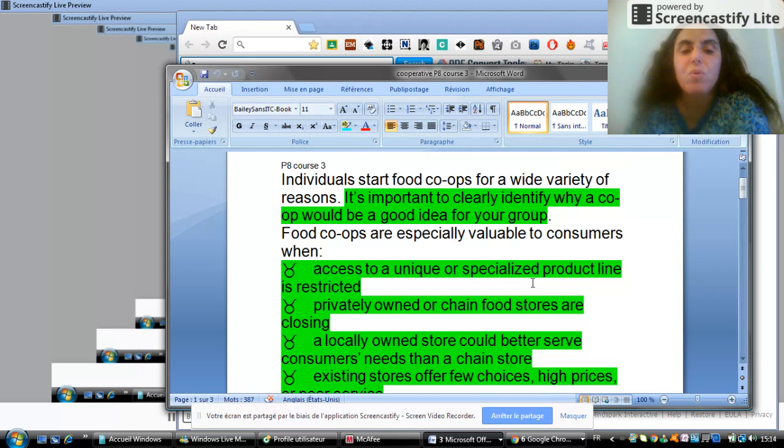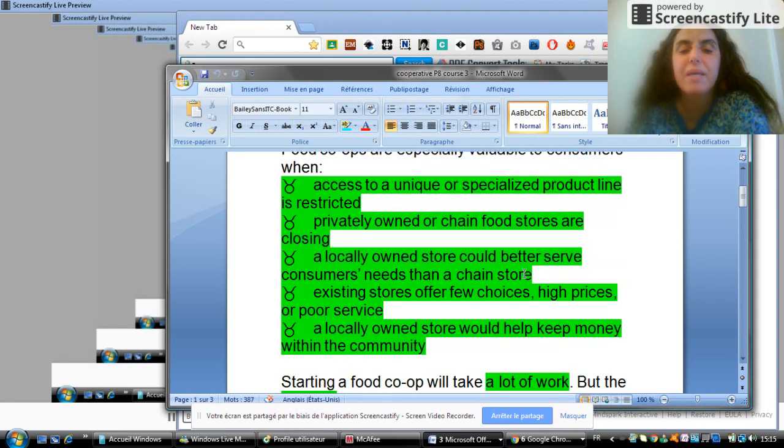So the focus should be placed, as you see it here, on the first element, which I'm going to explain after reading it. Access to a unique or specialized product line is restricted.